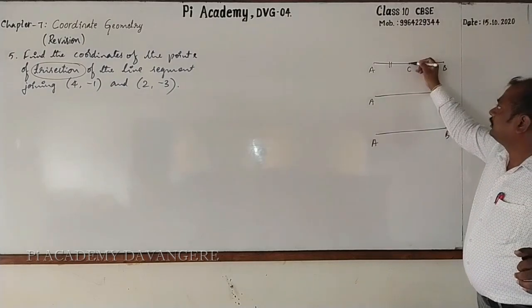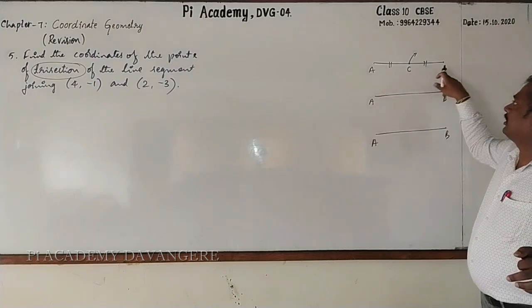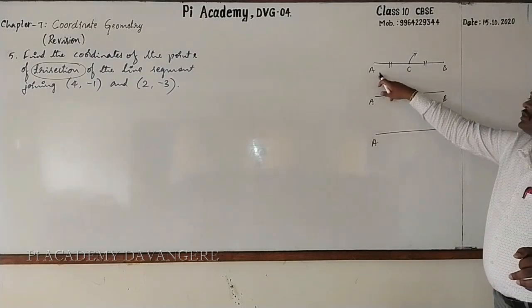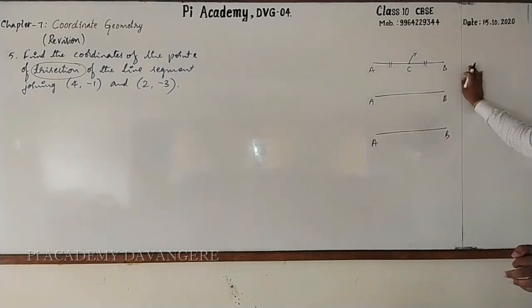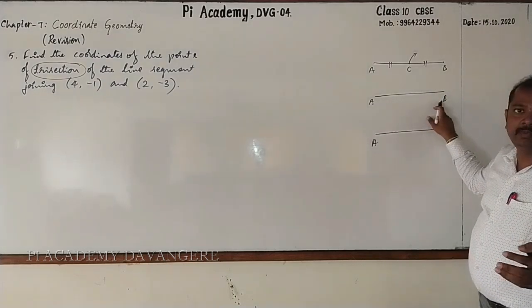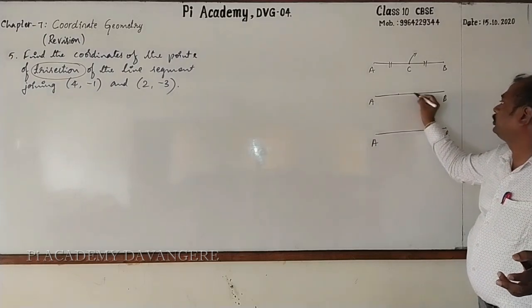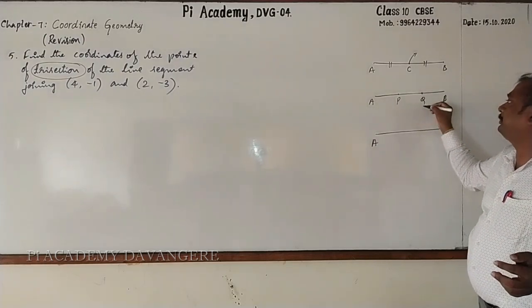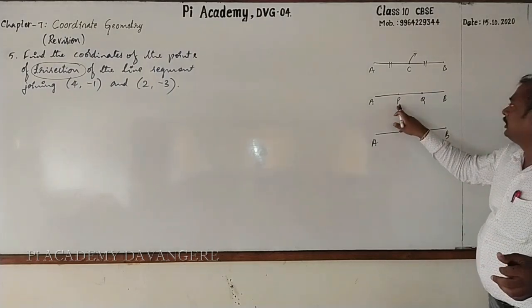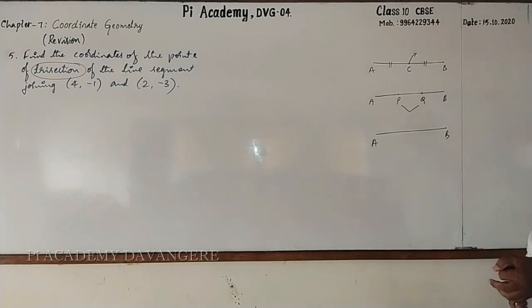We can call it the point of bisection of the line segment AB. Yes. Then now AB should be divided into 3 parts. How many points should be marked? Very good. 2 points. I call them P and Q. P and Q are called points of trisection.